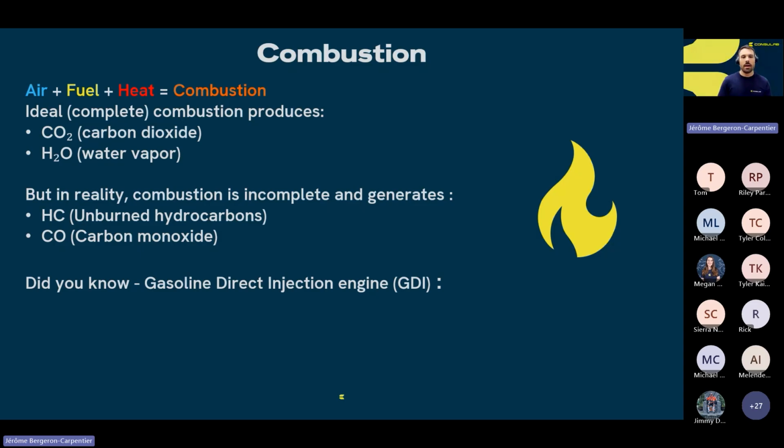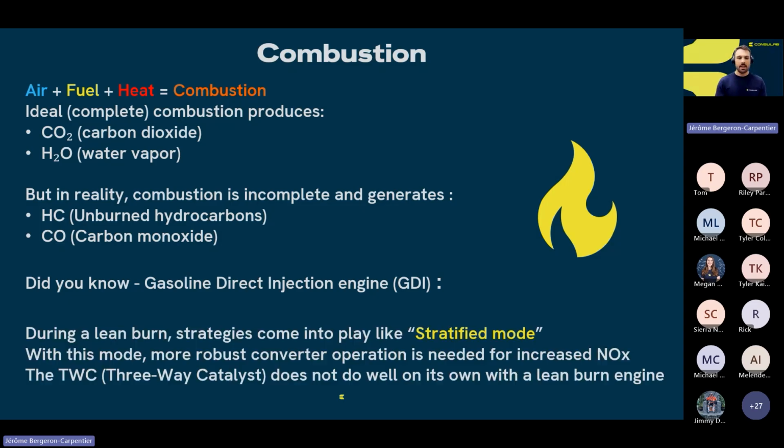So today is, did you know about the gasoline direct injection engine, so GDI, that during a lean burn, the engine computers, with the sensors and stuff like that, manage to go to some strategies like stratified mode. In this mode, we need some more robust converter operation, because we have an increase in NOx generated by the combustion, and we need to treat those NOx.